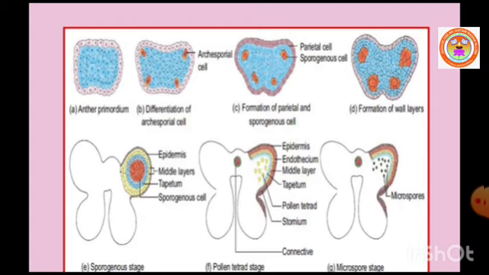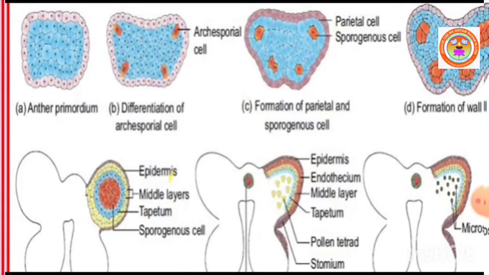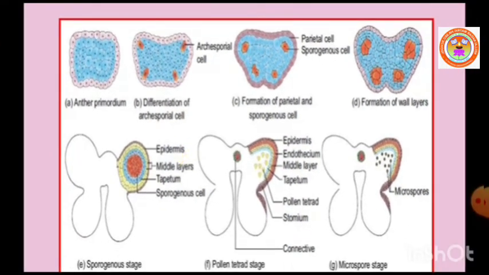In each lobe, a row or a few rows of hypodermal cells become enlarged with conspicuous nuclei. This functions as an archisporium. Archisporium contains archisporial cells, which you can see orange in color in this picture.